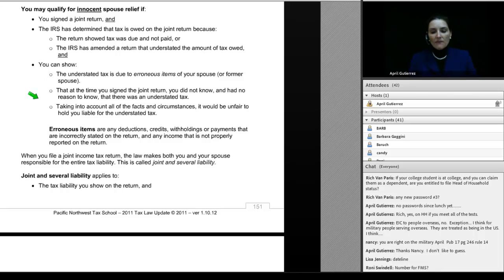And taking into account all of the facts and circumstances, it would be unfair to hold you liable for the understated tax.